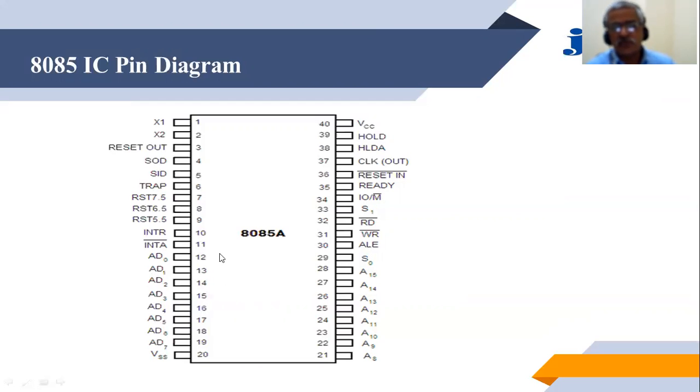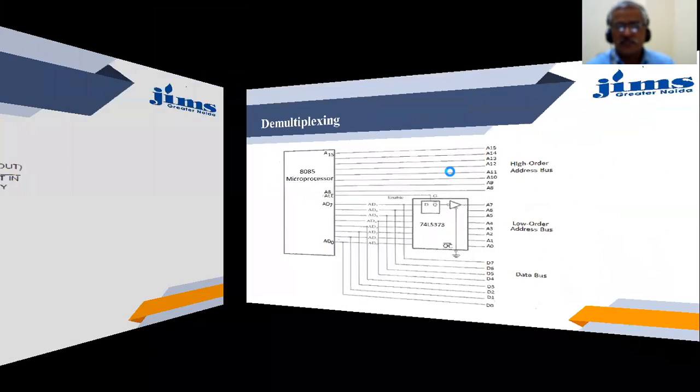The same set of pins carry the address, and the same set of pins carry the data. But in the real world, we have to separate them out. So how is this separation, or demultiplexing, achieved? It is achieved by this concept.